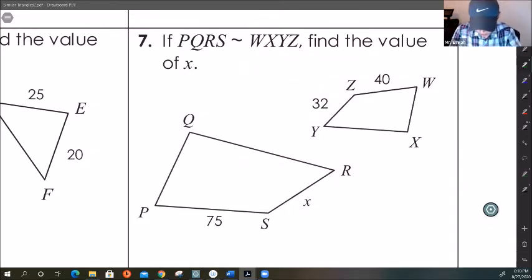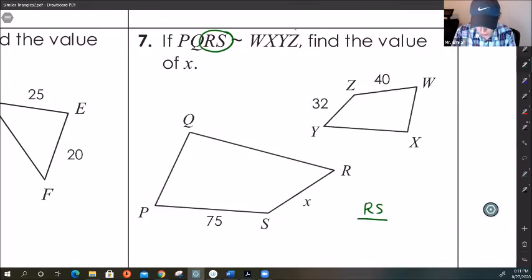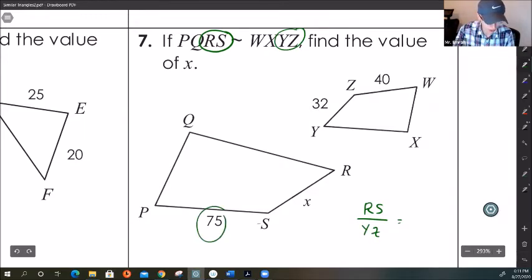All right, so x is the smaller of the sides, right? RS, and I need to make sure that I'm writing this correctly. RS is x, right? And then what does that correspond to? The last 2 letters, YZ, is equal to PS, which is the one that's given to me, right? So I got to deal with PS here. And then PS is the first and last letter, which will be WZ.